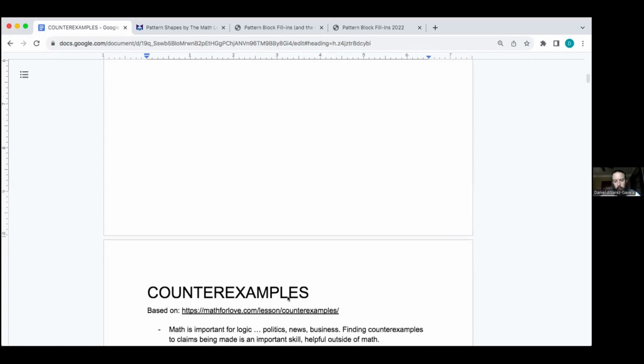Another thing I wanted to say about counterexamples is that having good logical reasoning is important well outside of mathematics, as I'm sure we're all aware. When students engage with politics, with the news, or when they need to do their business, often the skill of being able to come up with counterexamples to bogus claims is important.